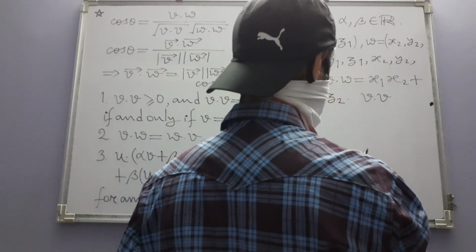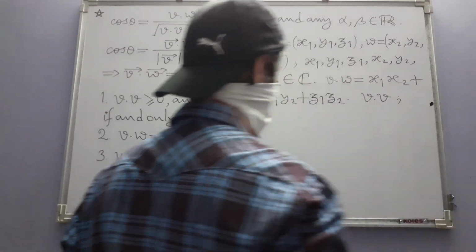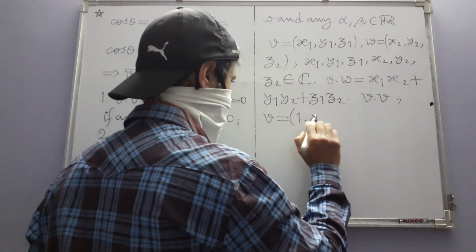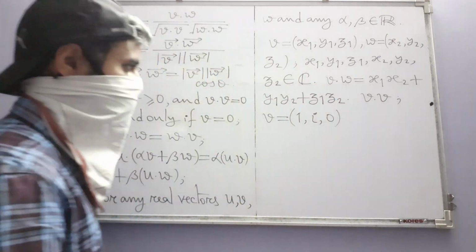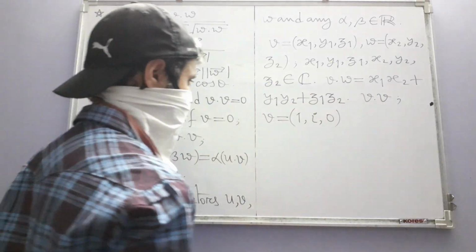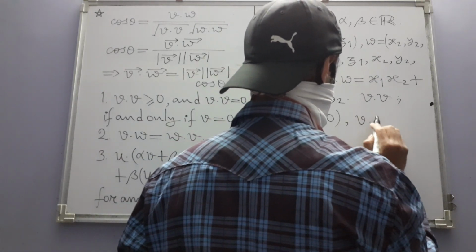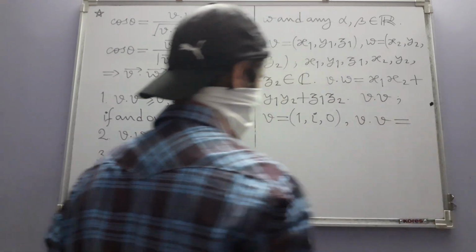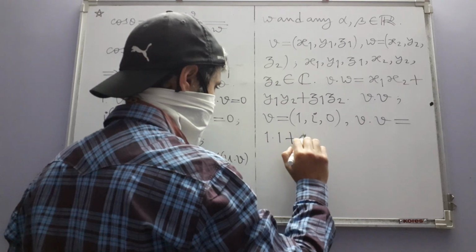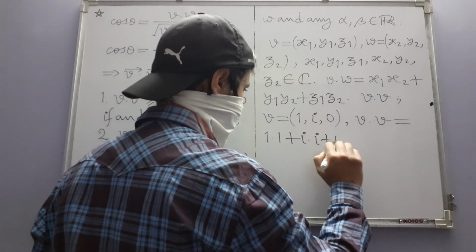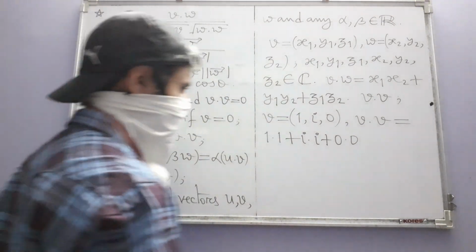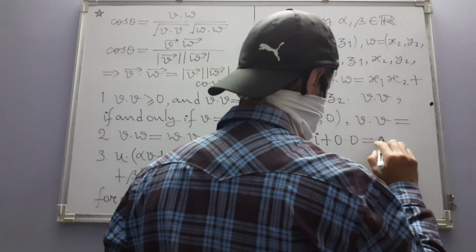However, if this is our definition, then we have such examples. Say our v is this, 1 comma i comma 0. Let us try to calculate v dot v in this case using this formula. It will be 1 times 1 plus i times i plus 0 times 0. So 1 plus i square gives us 0, so that means we are getting 0.